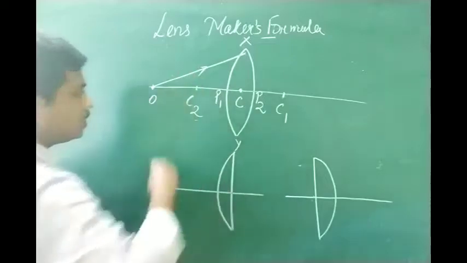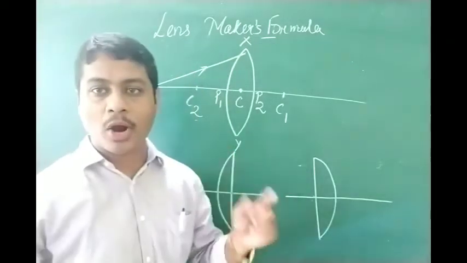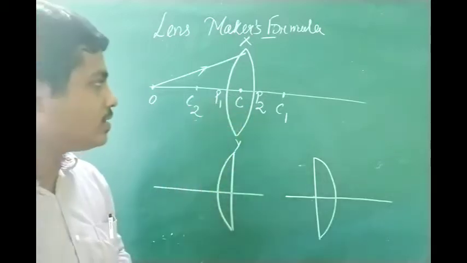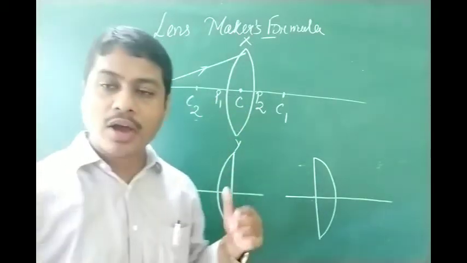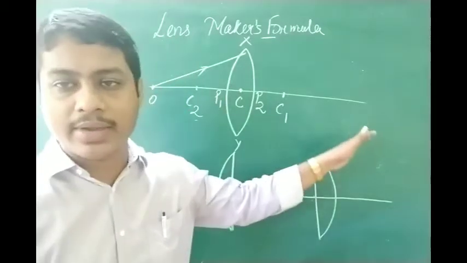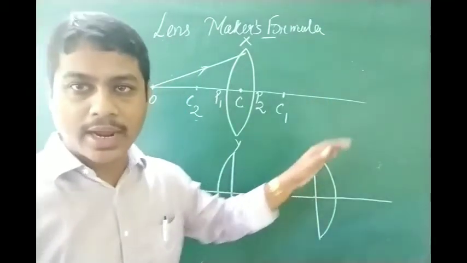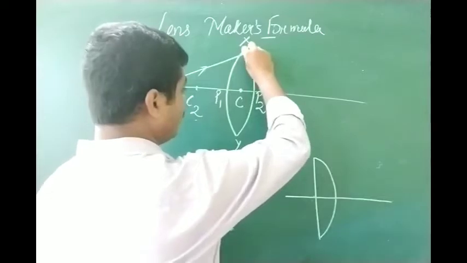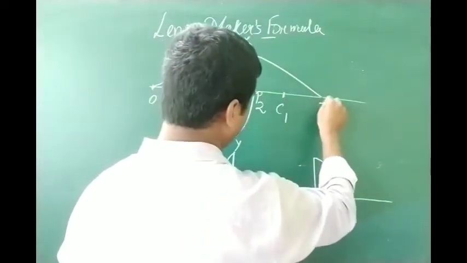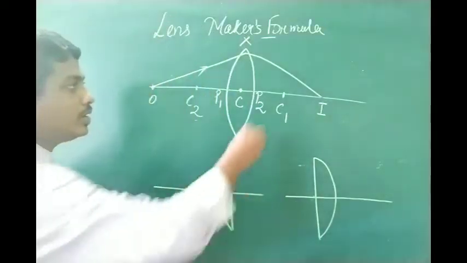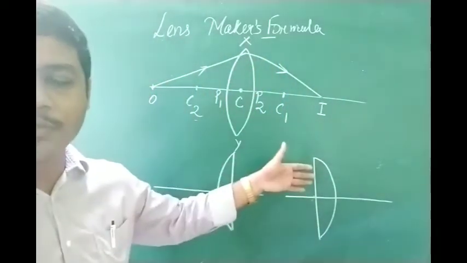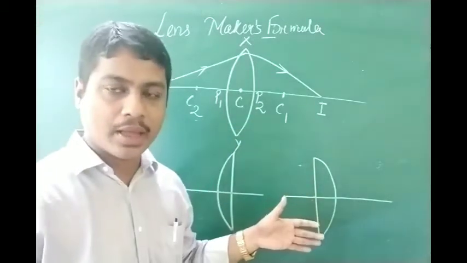When the light ray from the point object hits the lens, because of the refraction, the image will be forming on the right hand side of the lens, somewhere here. This image that is formed is a real image.